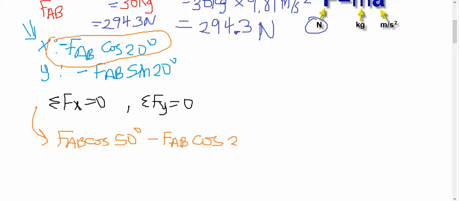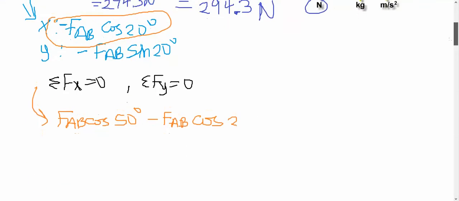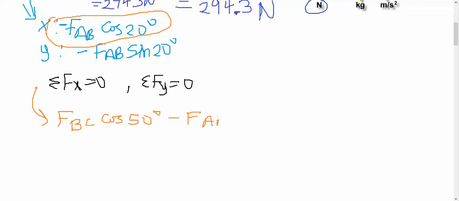Or are they both FABs? Okay, that's FBC. My mistake. And this is equal to 0.